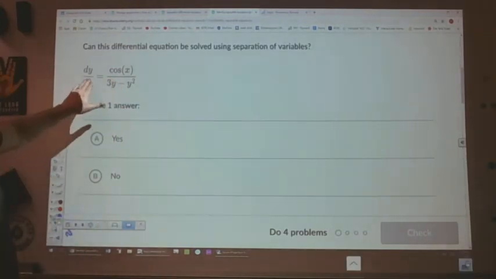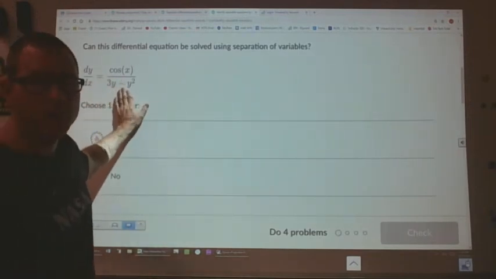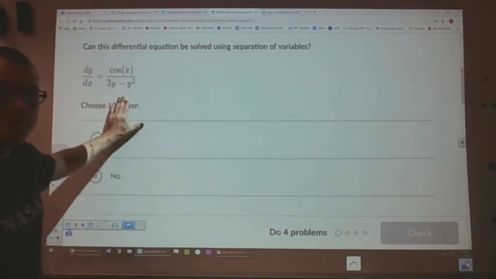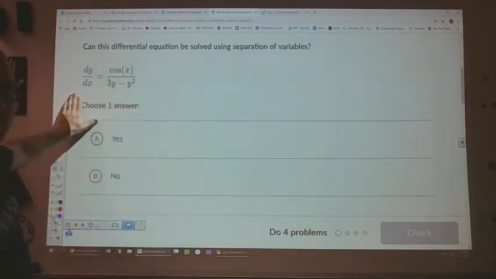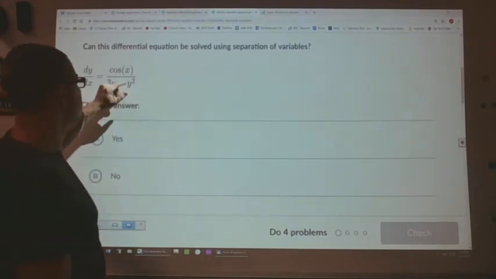We start out with dy over dx is equal to cosine x over 3y minus y squared. Can I get everything that has a y in it on one side of the equation and everything that has an x in it on the other side of the equation? Yes.